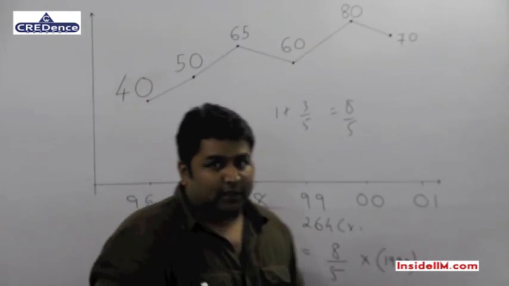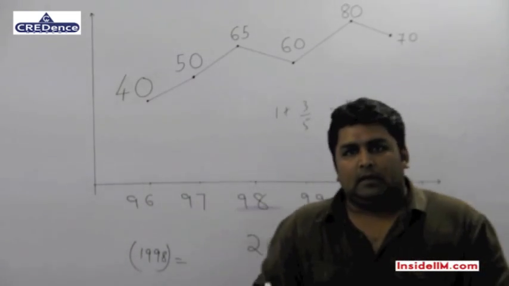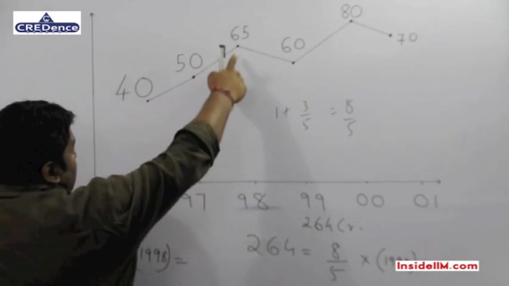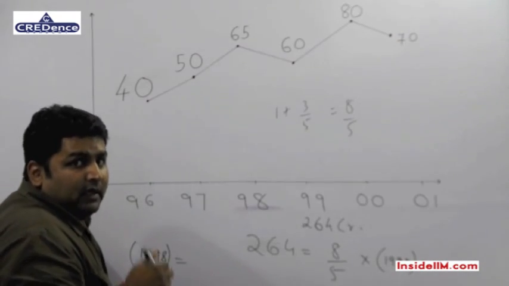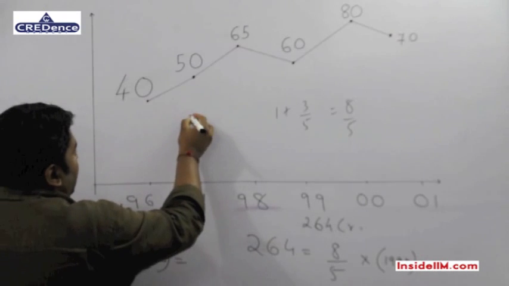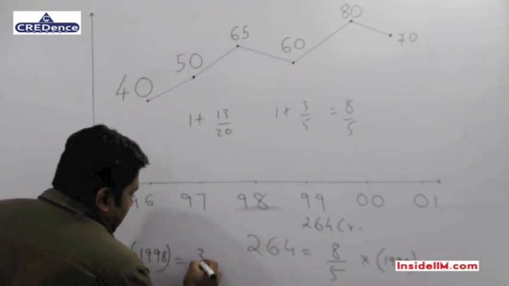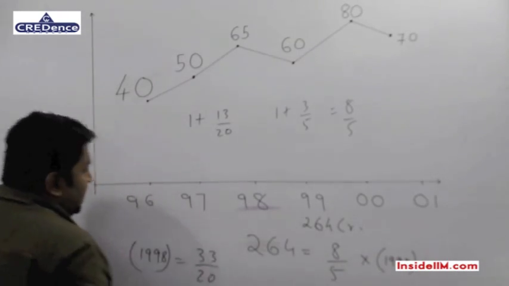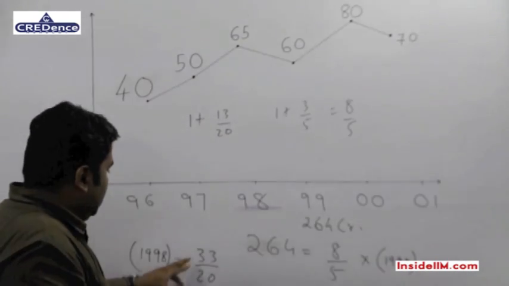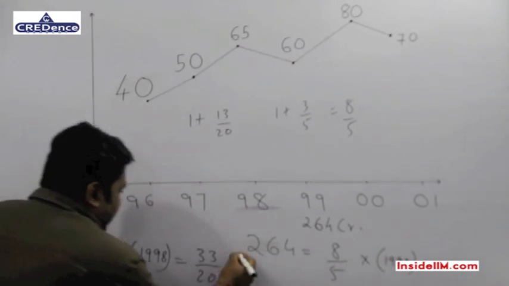And likewise, the value for 1998 is 65% more. Coming back to reciprocals, 5% is 1/20th of something. Since 65 is 5 into 13, it is 13/20th of something. If you want to increase a number by 13/20th of itself, you are typically going to do 1 plus 13 by 20, which gives you 33 by 20 of that number. So I can just say the value for 1998 is 33 by 20 of the value of 1997.